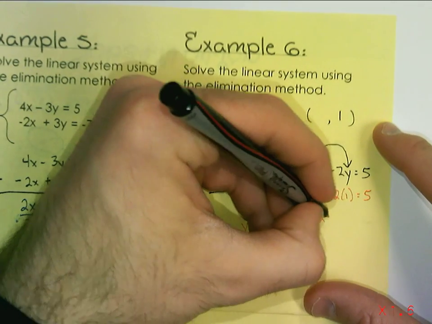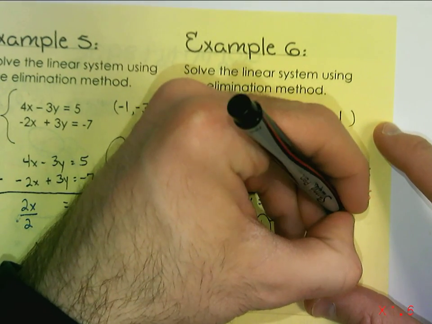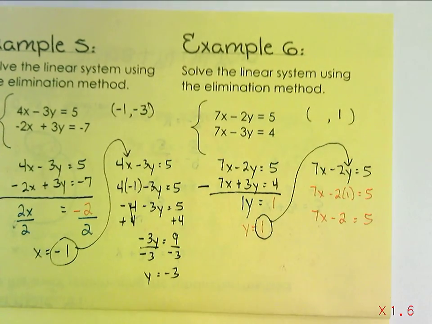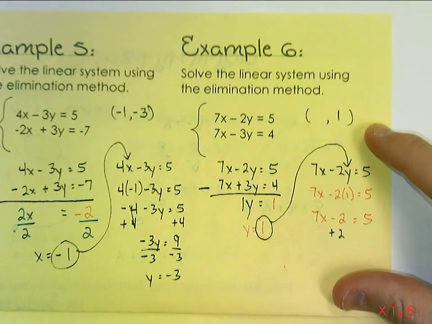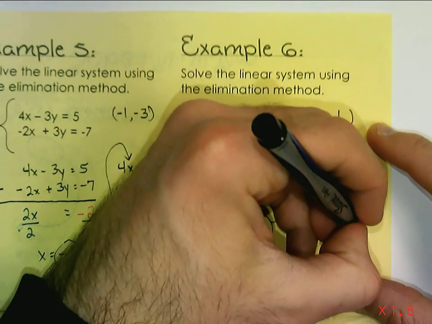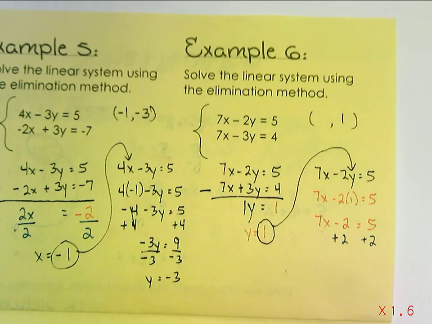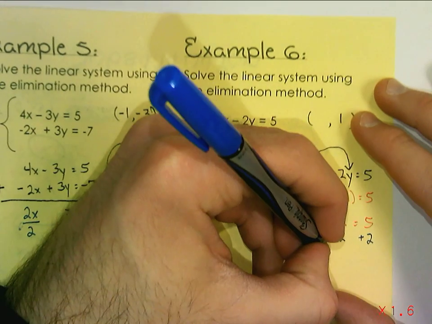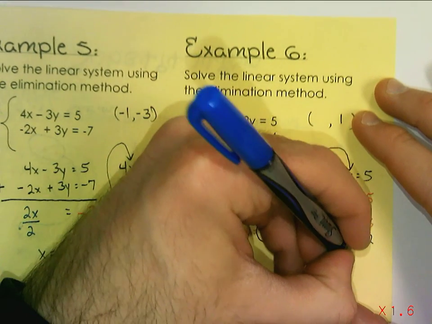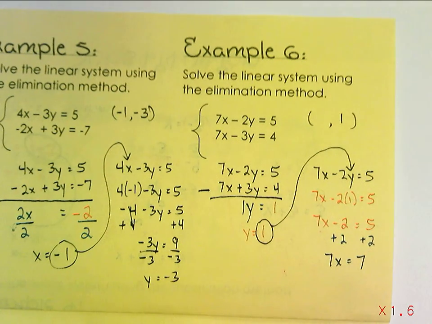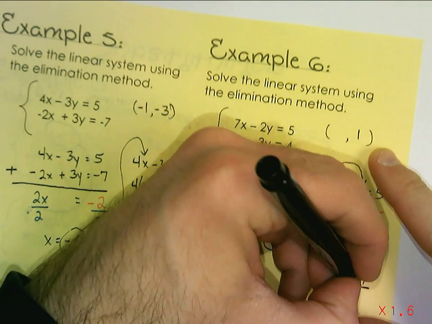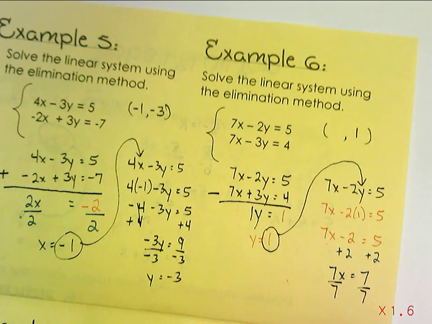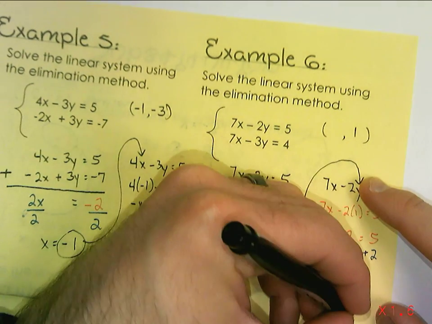7x minus 2 equals 5, because when we multiply those, and I need to add 2 to this side, add 2 to this side, and we will get 7x equals 7. Now if I divide on both sides by 7, I will get x equals 1.